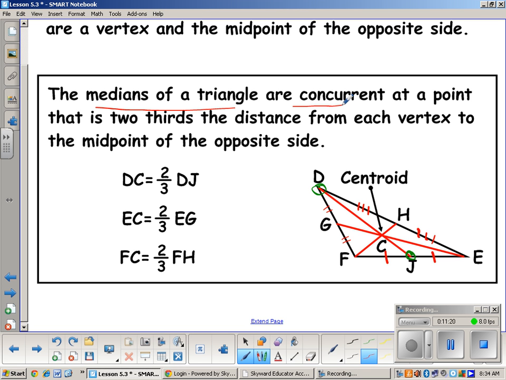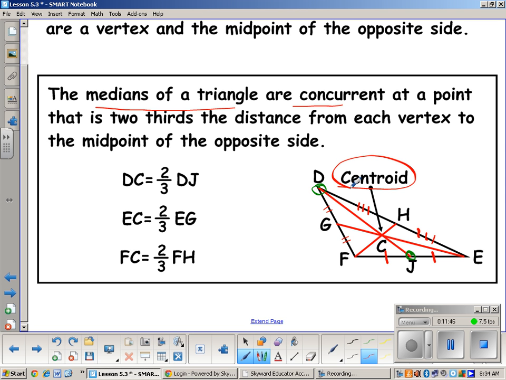What's that point of concurrency where the three medians meet? The centroid. Okay? I didn't write a separate statement in this case, I just put it in the picture. It's called the centroid where the three medians of a triangle will meet. They always have to meet inside the triangle because their segments are just totally inside the triangle always. Okay? And so that point has to be inside.